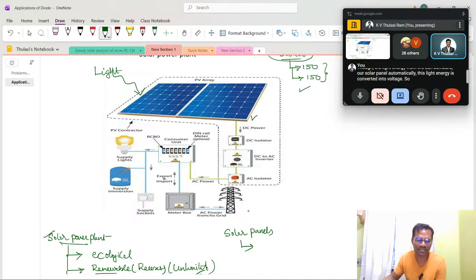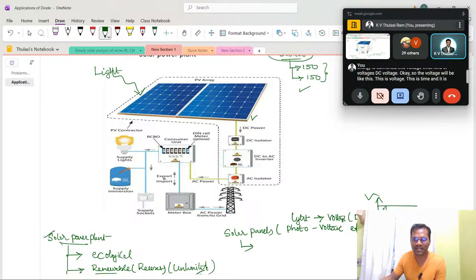This process is called the photovoltaic effect. So what does the photovoltaic effect mean? Light energy is converted into voltage. What kind of voltage? DC voltage. The voltage will be like this: this is voltage, this is time, and it generates an output voltage of 12 volts.